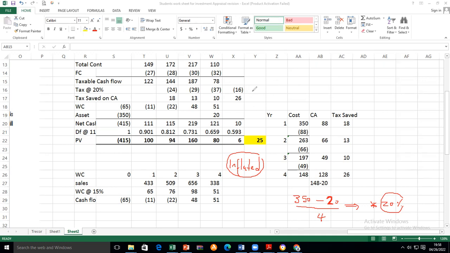No. If the figures are inflated already, the best thing to do is to just use the money rate. These are nice questions, but you can be asked a question where they ask you to do both: number one, inflate the figures, and number two, don't inflate the figures. That is also a possibility. And I'm going to expose you to enough questions so that you come across these situations that you have on your minds.